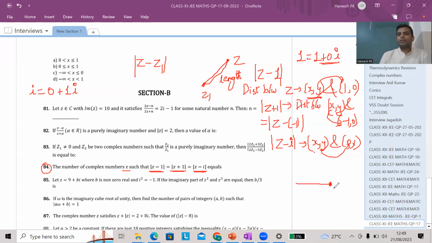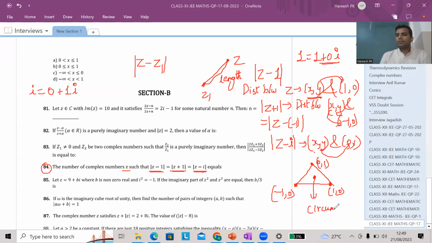If you look at, this is 1 comma 0, this is minus 1 comma 0, and this is 0 comma 1. So actually when you join all the three, you'll get a triangle. Now they are saying z is a point which is equidistant. So which is a point equidistant from the three vertices? It is obviously the circumcenter.